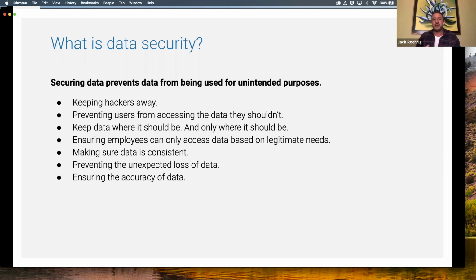It's internal issues too. Data needs to be stored in a certain place in the infrastructure, where certain people have access to it based on a legitimate need, and not be accessed by everybody at the company. Imagine that I work for a healthcare institution and I have a lot of PHI. I've done some HIPAA in the past, and PHI is, of course, one of the most sensitive types of data.